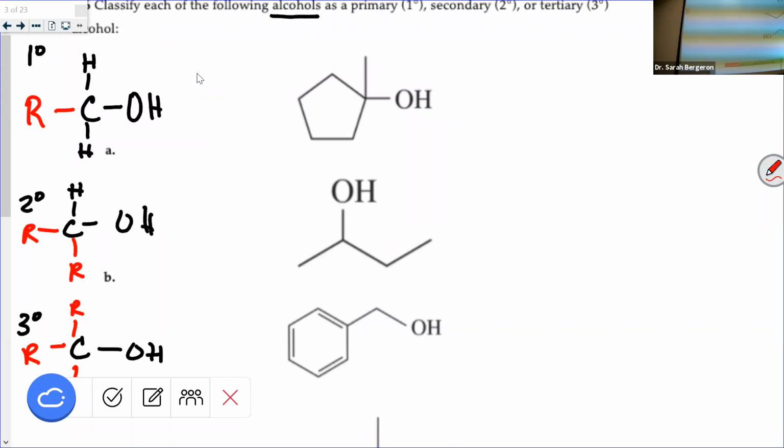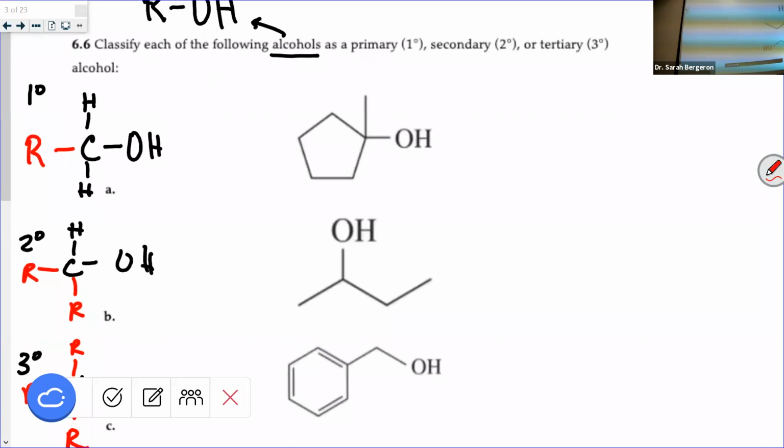So I'm going to find my alcohol. Here's my alcohol. It is bonded to a carbon. How many R groups? I guess I should have done that. Let me do it in a different color, that way I'm consistent. Here we go. There's a carbon. How many R groups do I have attached to that carbon?